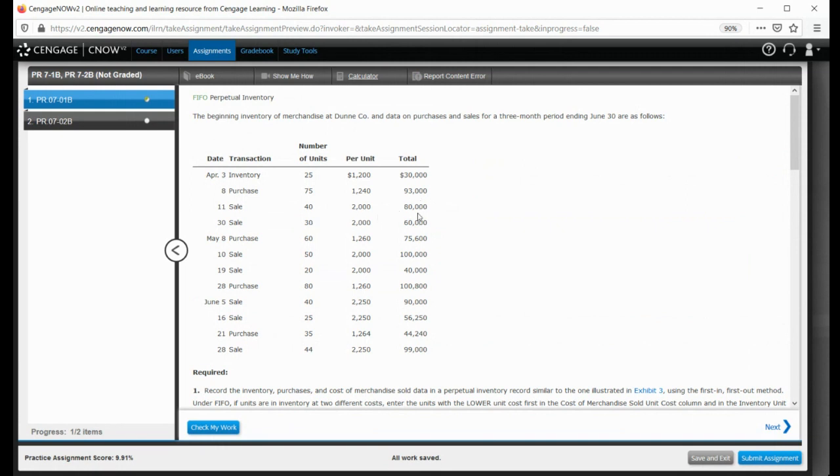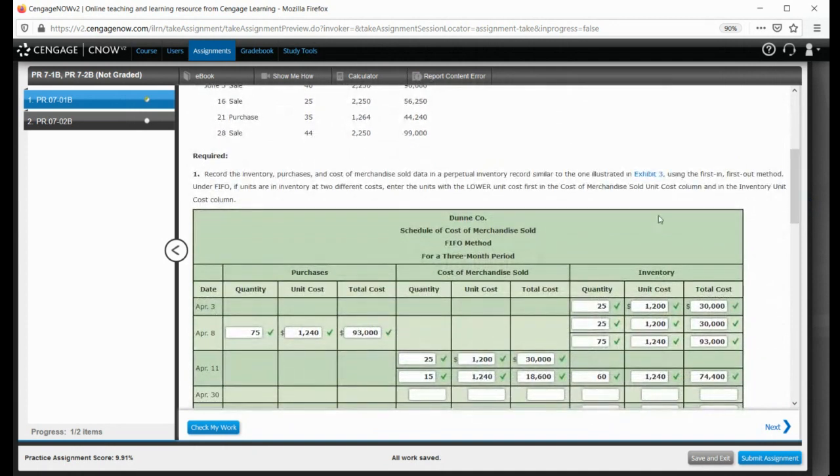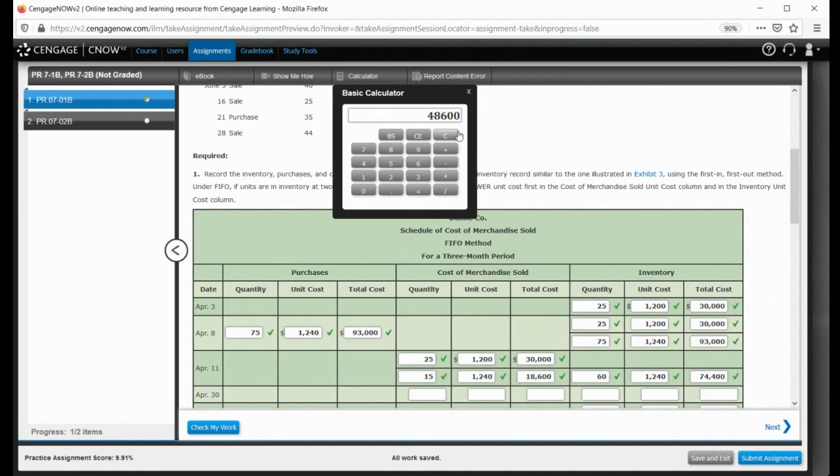was $80,000. In the journal, we would have a debit to our accounts receivable for $80,000, credit to our sales for $80,000, and we would also have to record a journal entry where we would have debited the cost of merchandise sold for the total amount that was sold, the two of these together, which is 48,600.